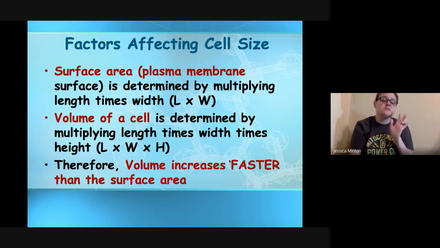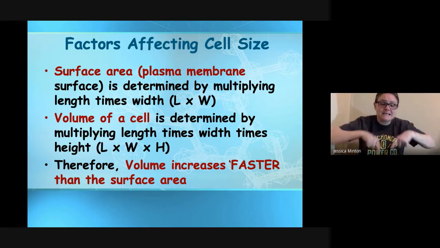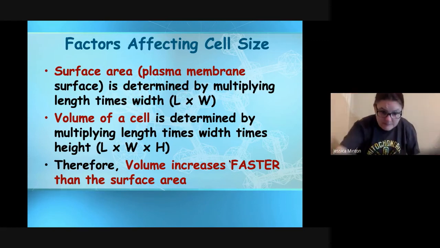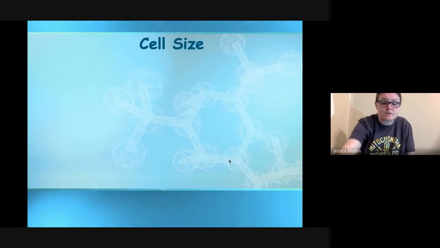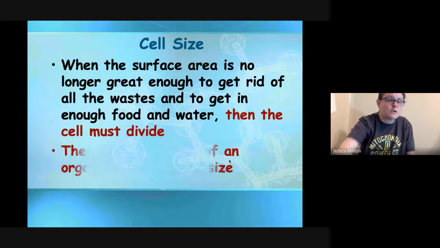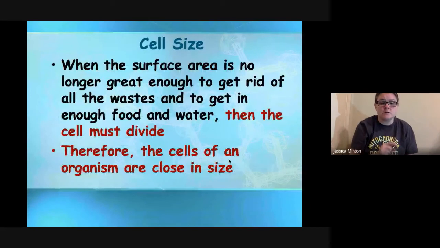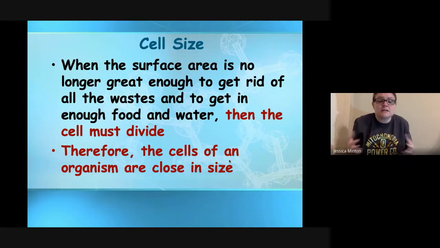Volume increases faster than the surface area, meaning what is inside the cell increases faster than the plasma membrane can. So surface area is no longer great enough to get rid of all the waste and to get enough food.